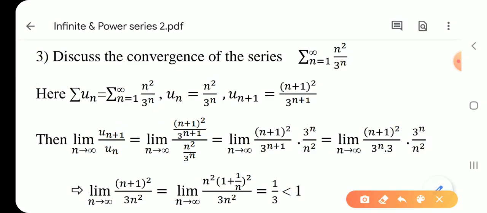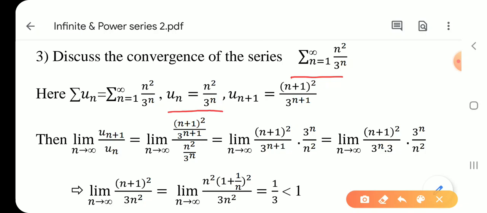Discuss the convergence of the series sigma from n is equal to 1 to infinity n square by 3 to the power n. Let us write the nth term. They have given it n square by 3 to the power n.